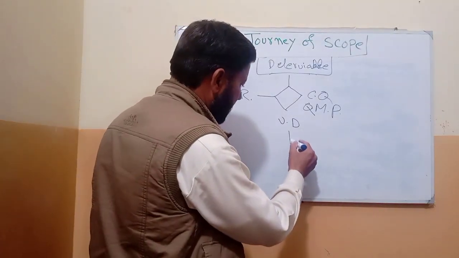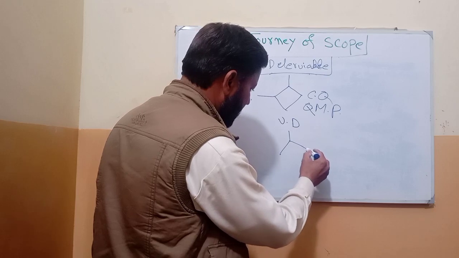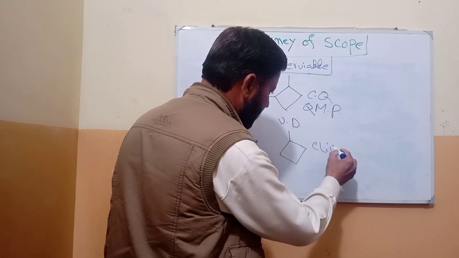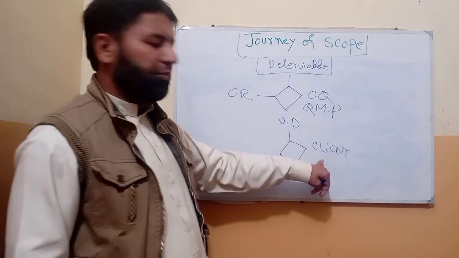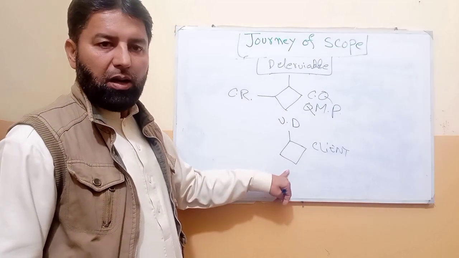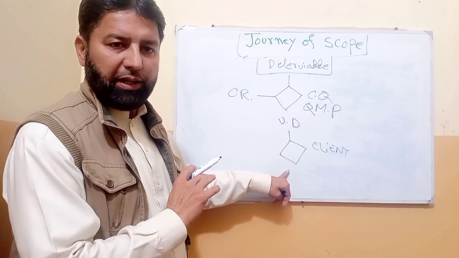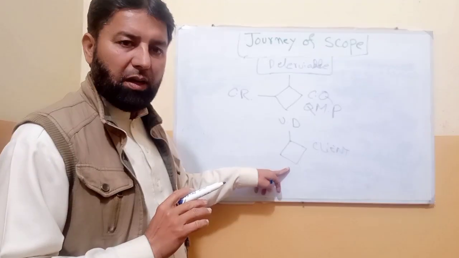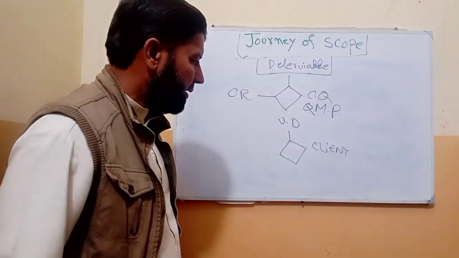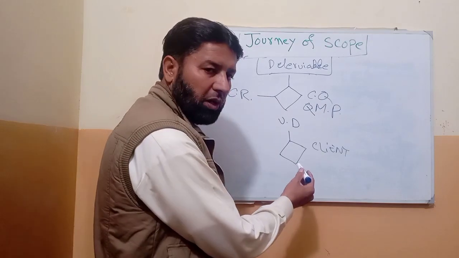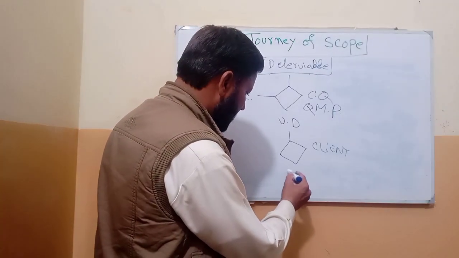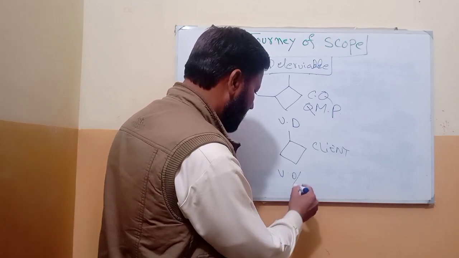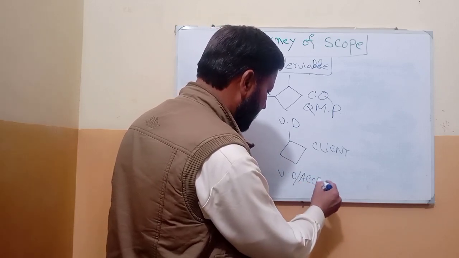The verified deliverable moves to validate scope. Here the client will inspect the deliverable according to the scope baseline, and if they say it is okay, then we get a validated or accepted deliverable.